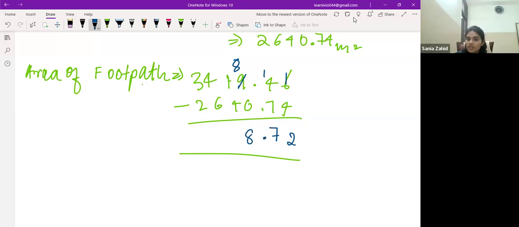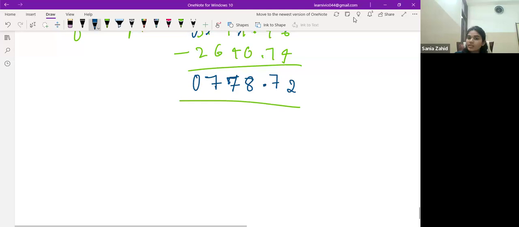Then 8 minus 0 is 8. Then again you can't do this, so you cut it and you get 11 minus 4 is 7. 3 minus 6 you can't do, so you make it 13. 13 minus 6 is 7. So 778.72. And 2 minus 2 is 0. So you have 778.72 meters square. This is the area of the footpath.